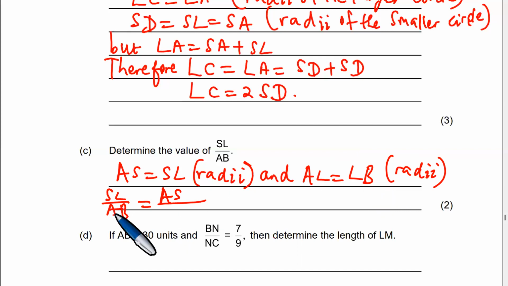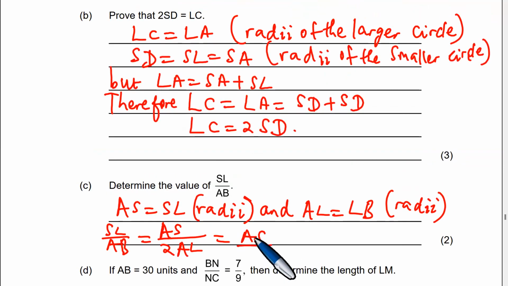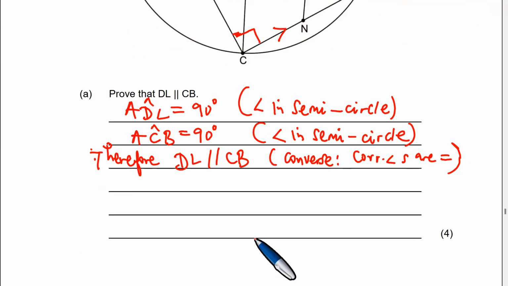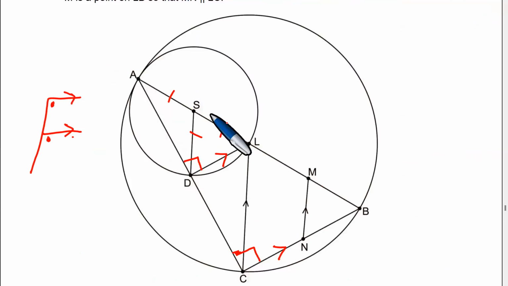So in the place of AB, you can put twice AL. Twice AL over AS. What is AL? AL in terms of AS. It's obvious.